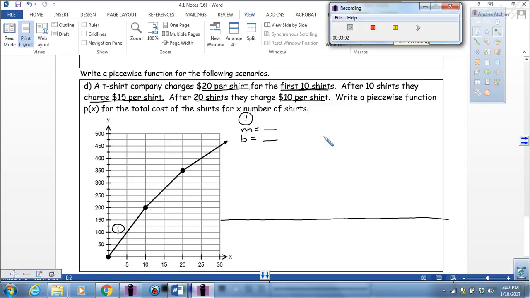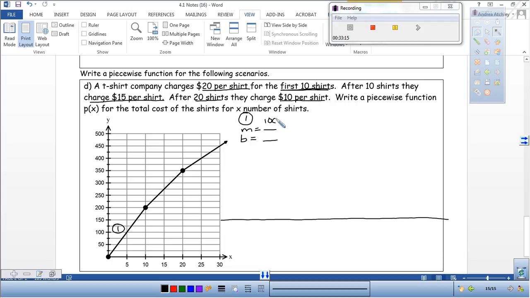So again, 100 over 5. Notice what you're counting by. You're not counting by ones, here you're counting by 100s, here you're counting by 5s.